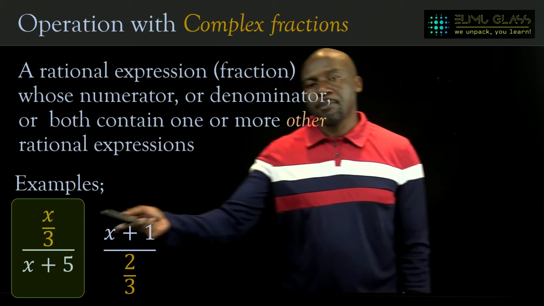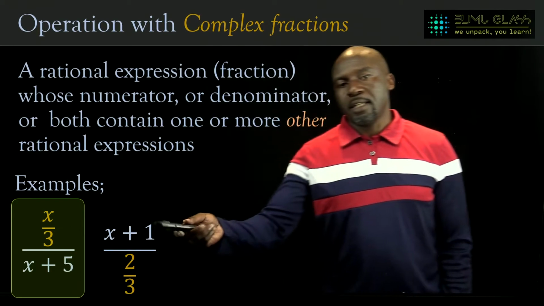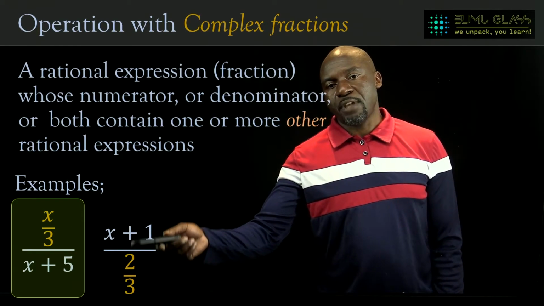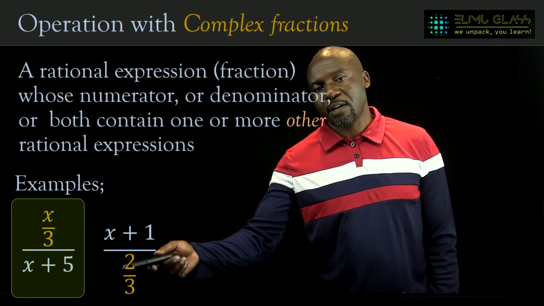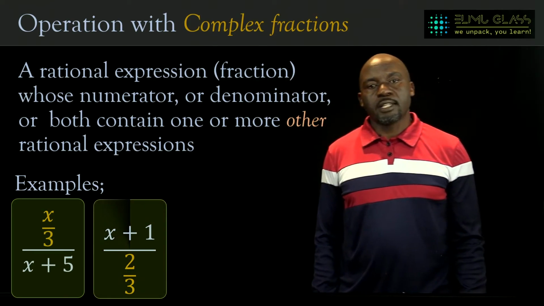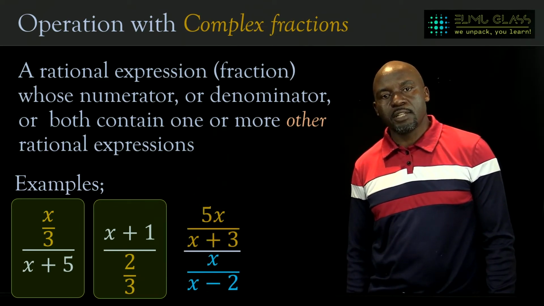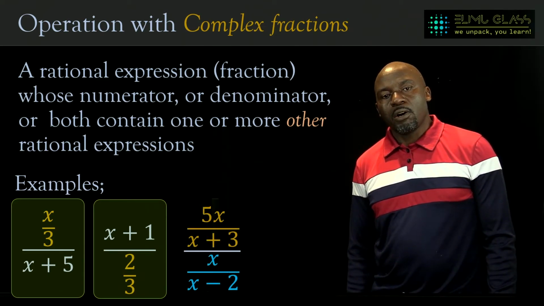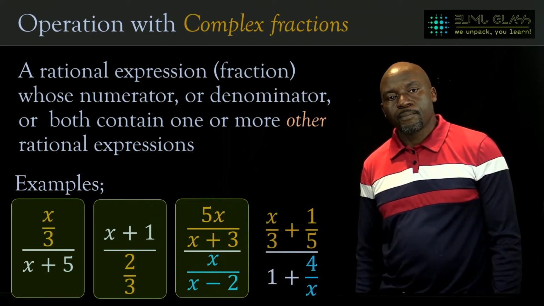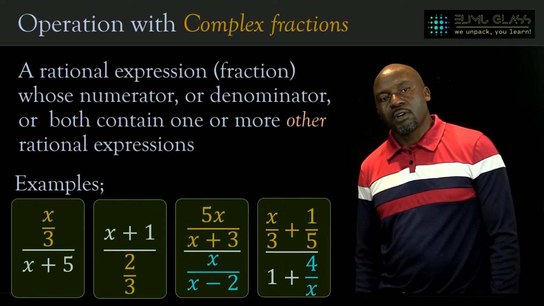This time the denominator of the parent fraction is a fraction. But it can be more complex than that. We can have both numerator and denominator being fractions, such as this one, or it can also be something like that. So these are examples of complex fractions.